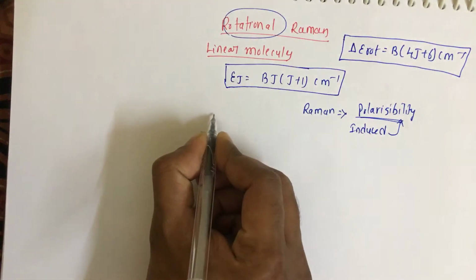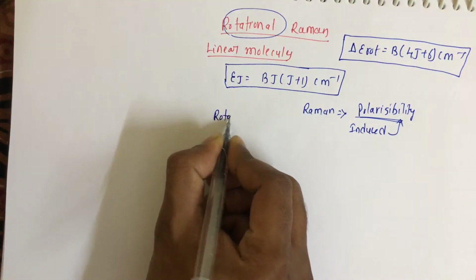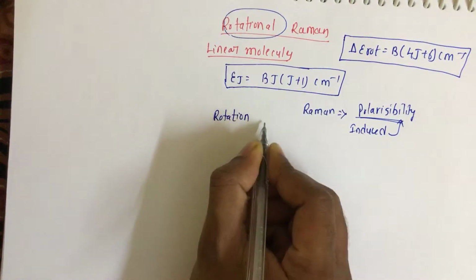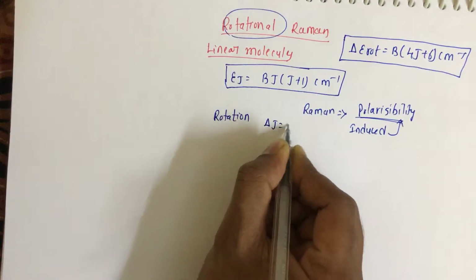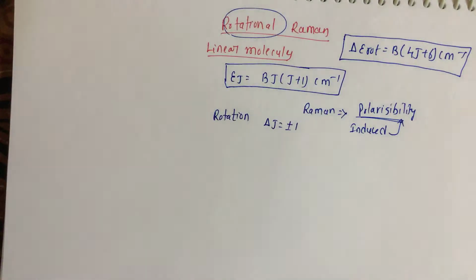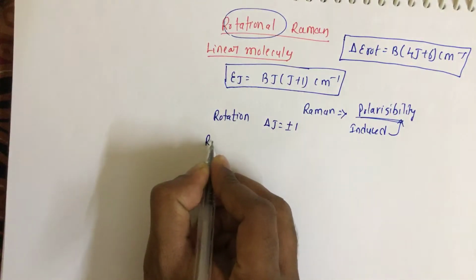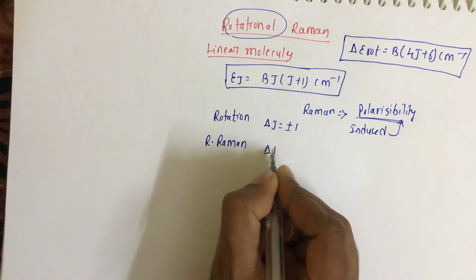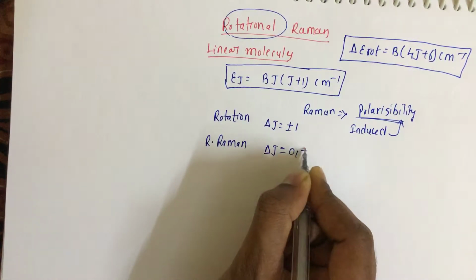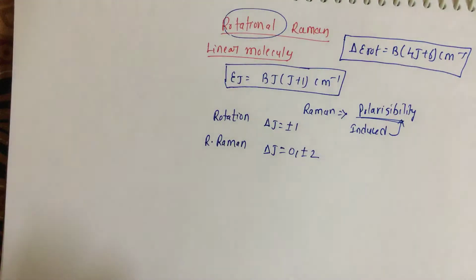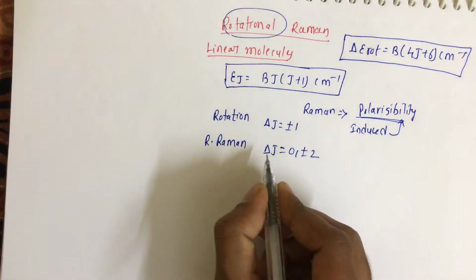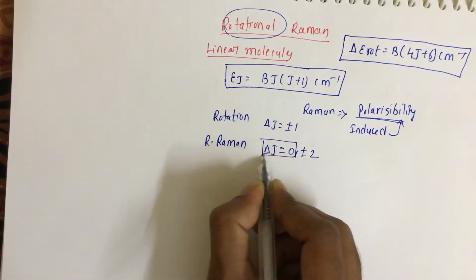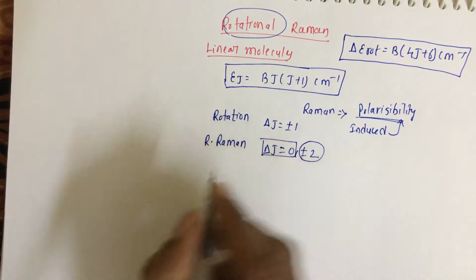In rotational spectroscopy, the selection rule is delta J equals plus or minus 1. But in rotational Raman spectroscopy, the selection rule is delta J equals 0 and plus or minus 2.